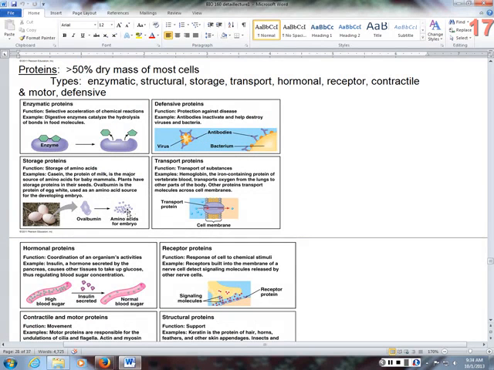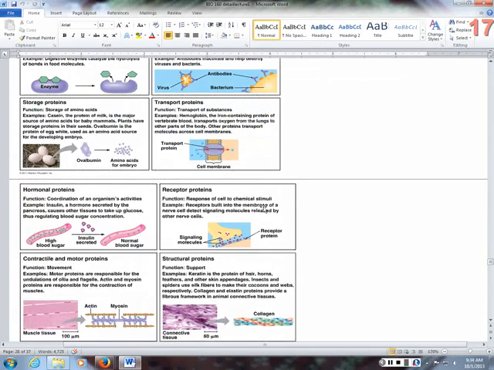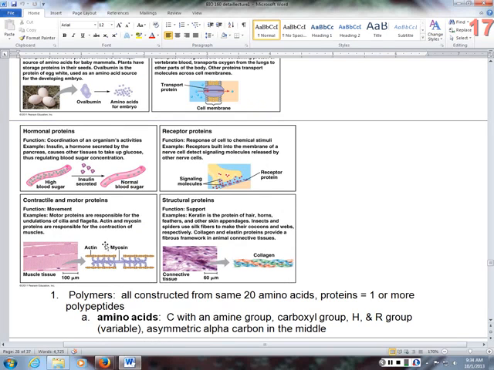Transport proteins help move things across cell membranes. Some act as hormones like insulin, some will be receptors, some help with movement like actin and myosin, and some just make structures like collagen.